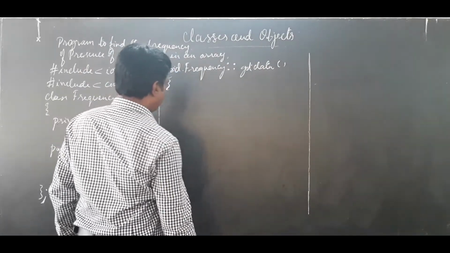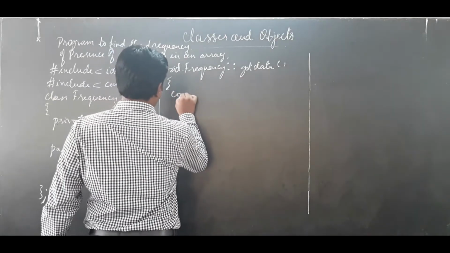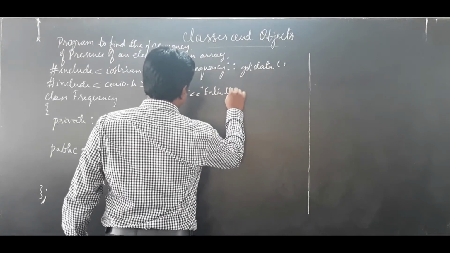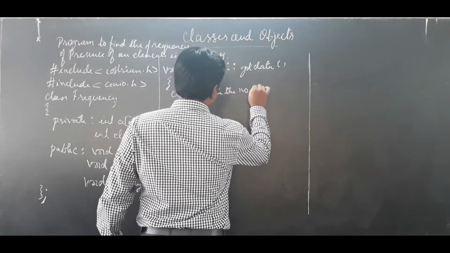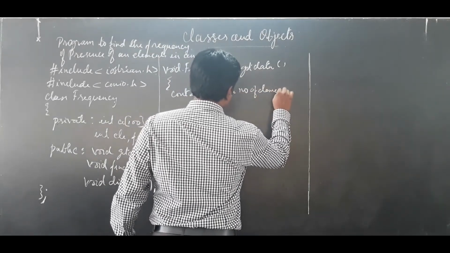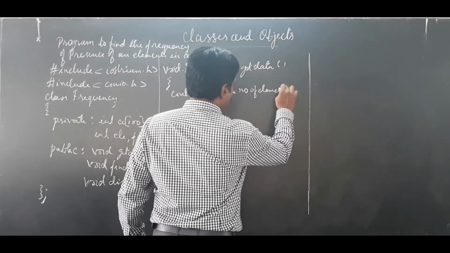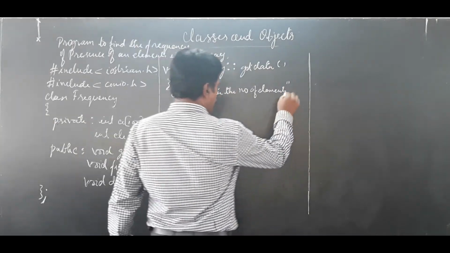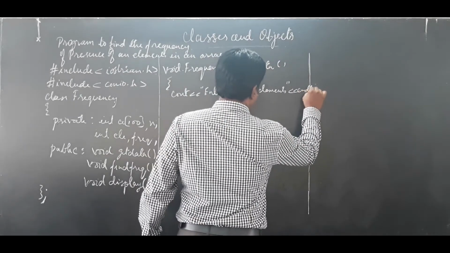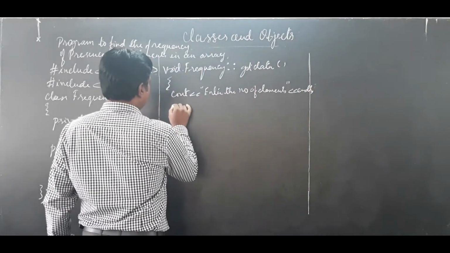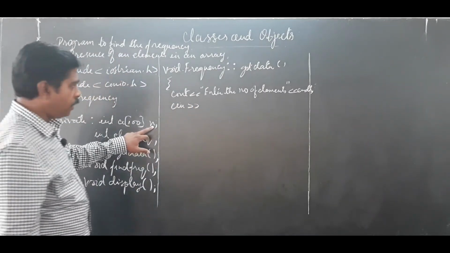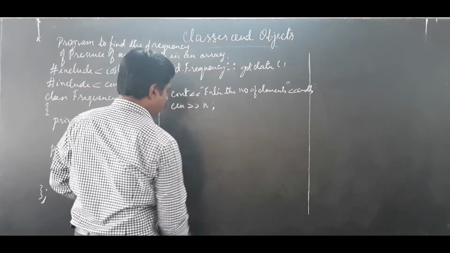Open a flower bracket, then I write cout, enter the number of elements. You want to add continuity of the statement within an array also you can do. Endl. Then I take cin, that is the member n, I have taken data member, the variable n.